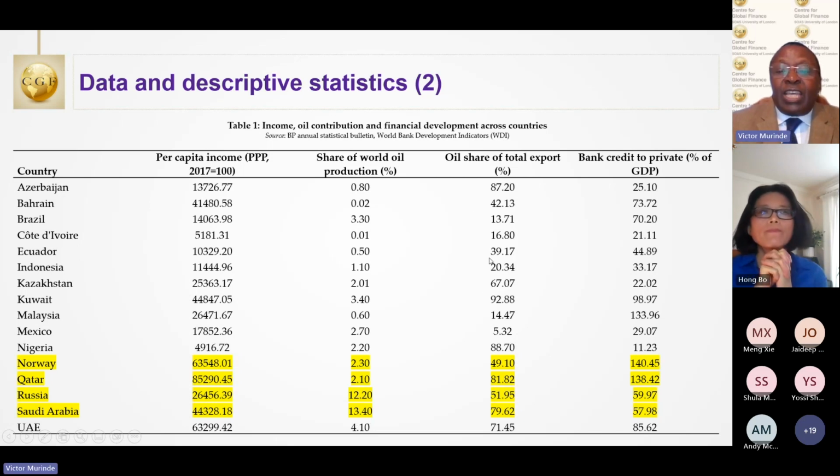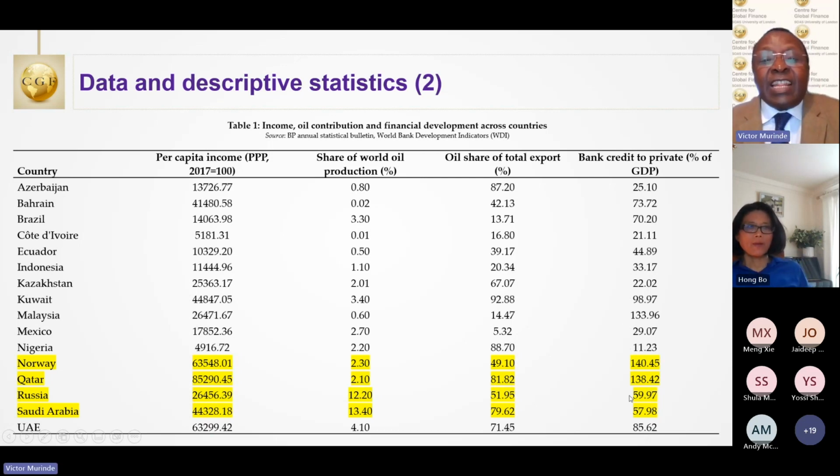But also, these countries have high shares in terms of oil share of total exports, 51 for Russia and almost 80 for Saudi Arabia. Now, the interesting aspect is that the bank credit shares are not necessarily high for those countries that have high shares of world oil production.